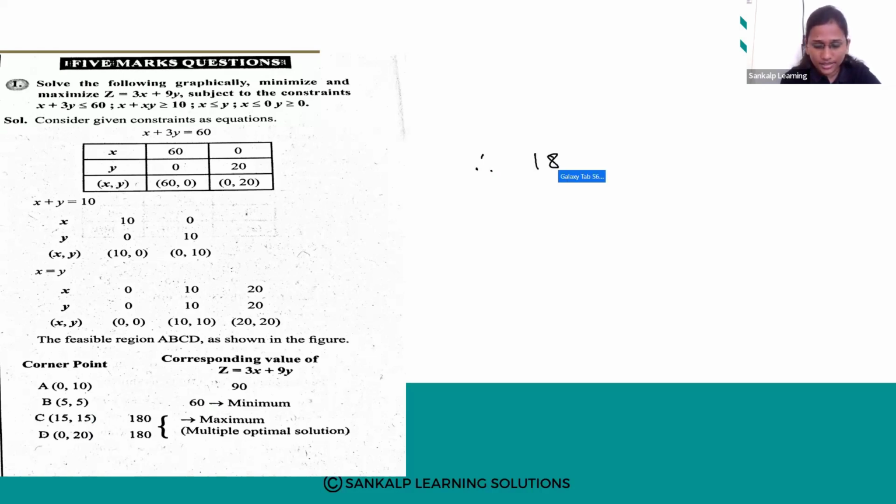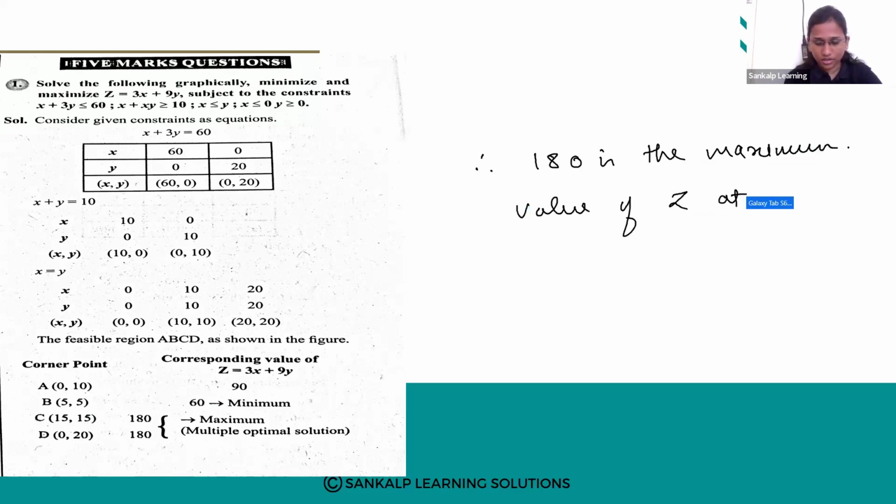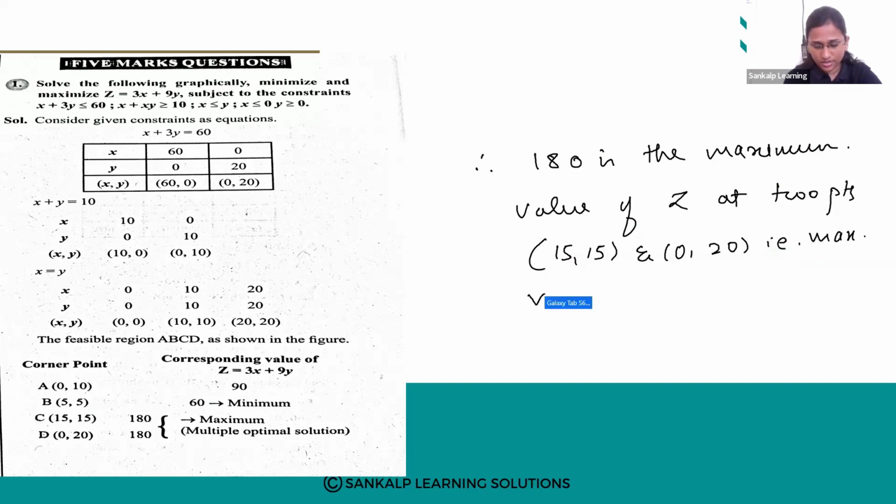Therefore, this statement is very important: 180 is the maximum value of z at 2 points, which are 15, 15 and 0, 20.